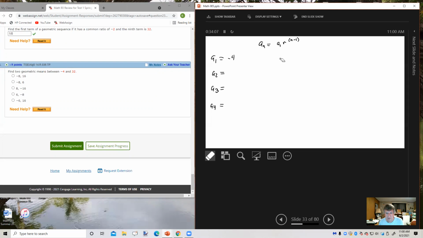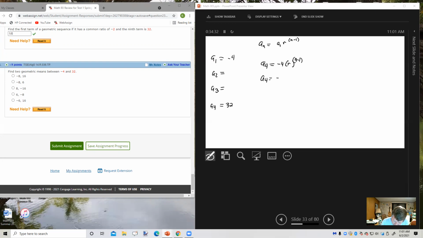Let's see here. All right, A sub 4 is 32. But I put in 32 and I should have been putting in A sub 4. So A sub 4 is A sub 1 times R to the 4 minus 1 power. And I had 32 minus 1 power there.